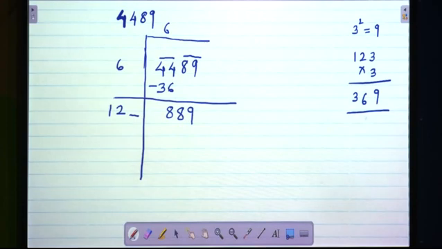No, this is too small. So, 3 square 9, 4 square 16, 5 square 25, 6 square 36, 7 square 49. What are we getting? We are getting 9 in the ones place, and here 9 is in the ones place in the dividend.